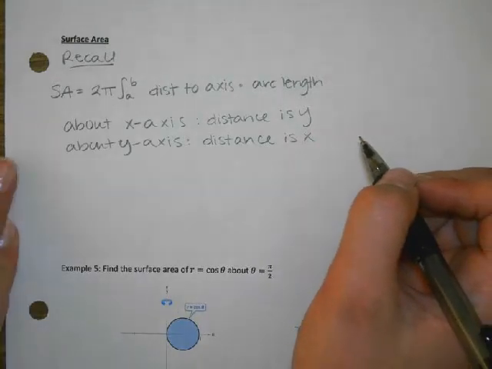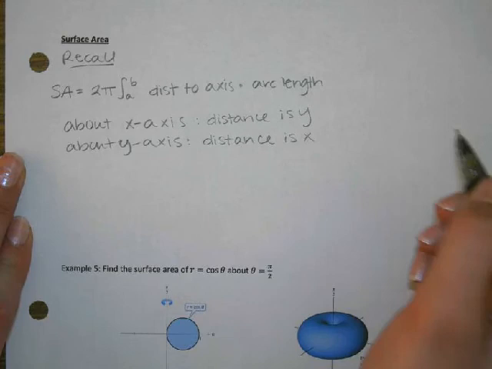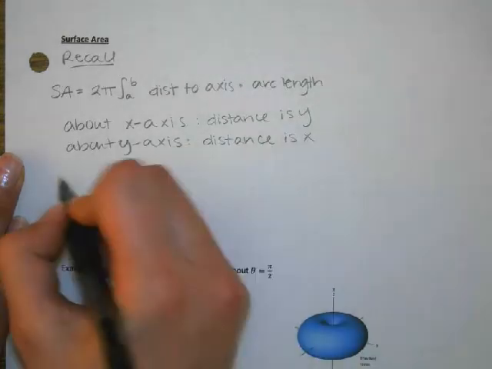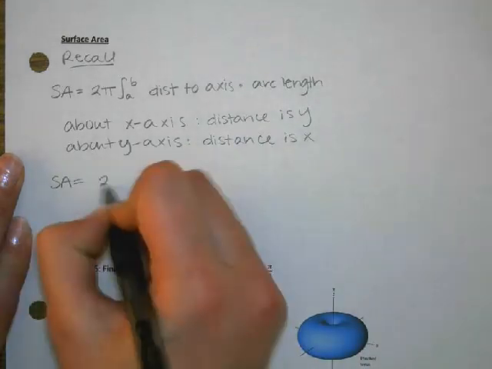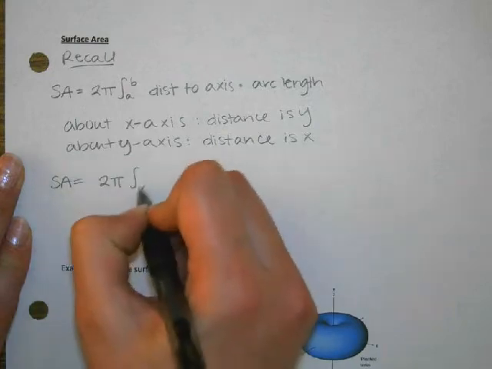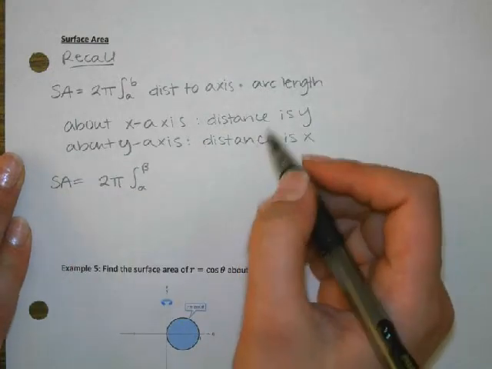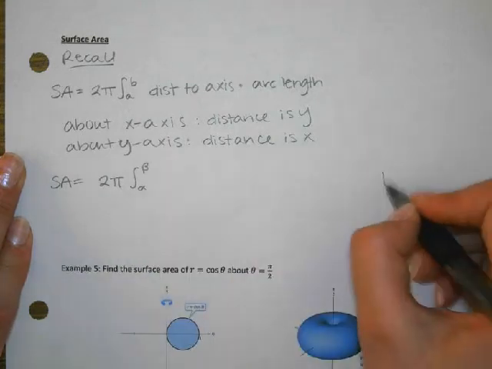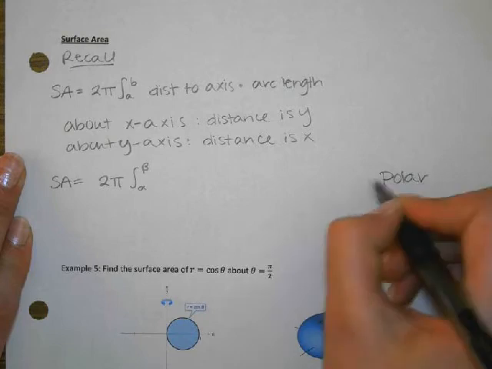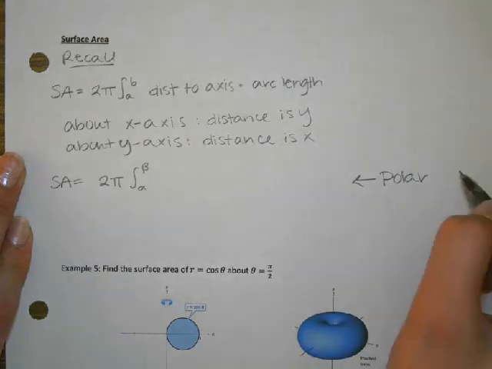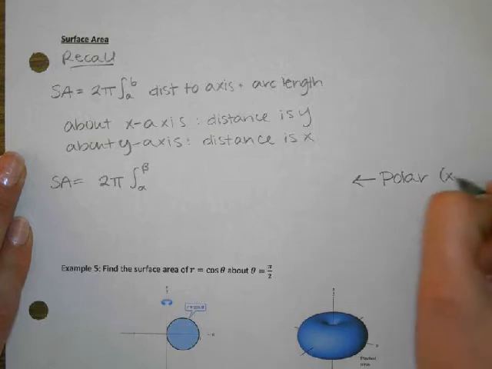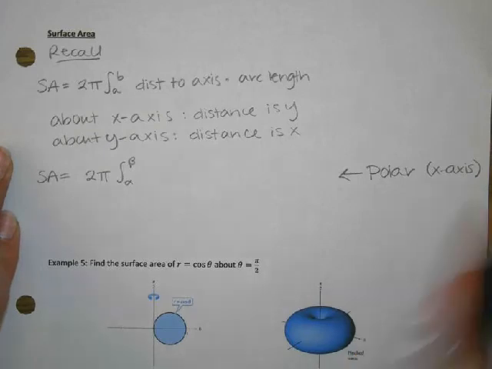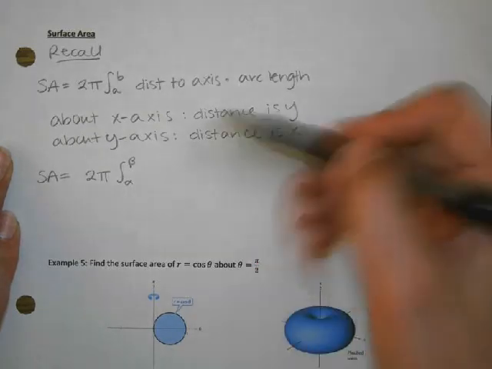So here, for polar, we're going to do the exact same thing. We're going to say that the surface area in polar is 2 pi integral from alpha to beta. If we are going about the polar axis, which is the x-axis, the horizontal, then we are spinning this way.